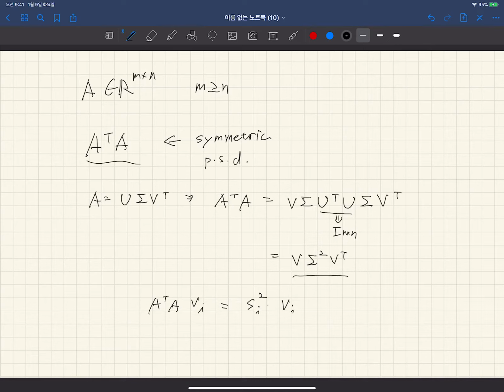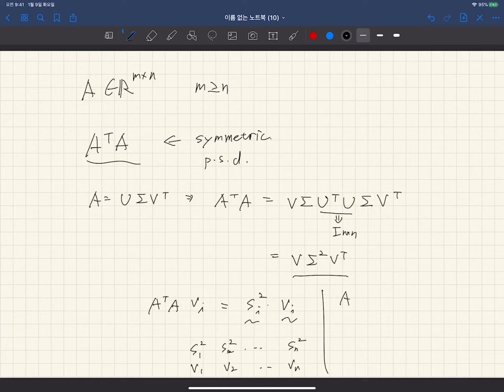So Vi is an eigenvector, and Si square is the corresponding eigenvalue. All of S1 square, S2 square, up to Sn square are eigenvalues of A transpose A, and V1, V2, up to Vn are the corresponding eigenvectors.